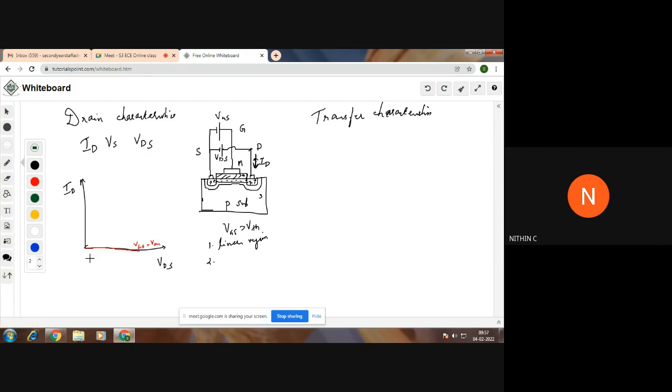Next, I am going to increase the value of VGS. So when I increase the value of VGS above VTH, ഇനി വരയ്ക്കാൻ പോകുന്നത് above VTH value ആണ്, so there will be drain current. So initially this will be, say, for VGS. First I will draw the figures and then I will explain.